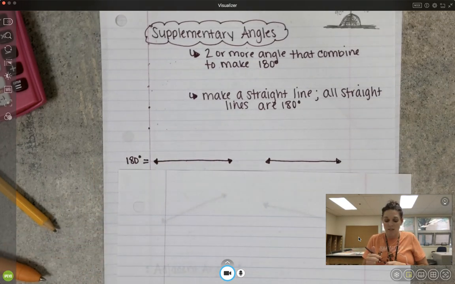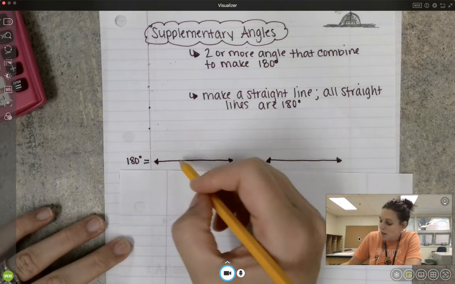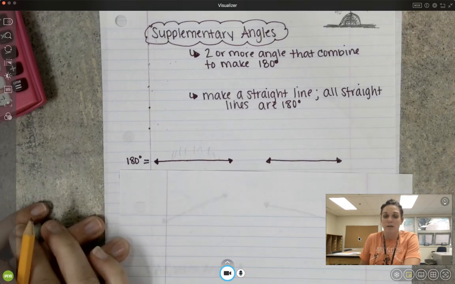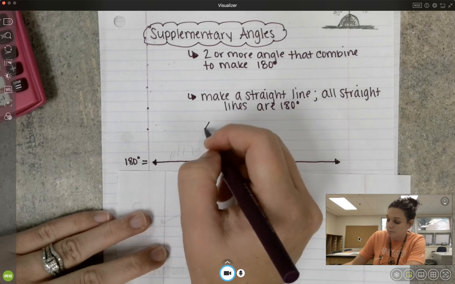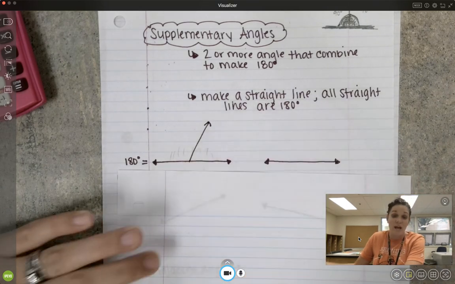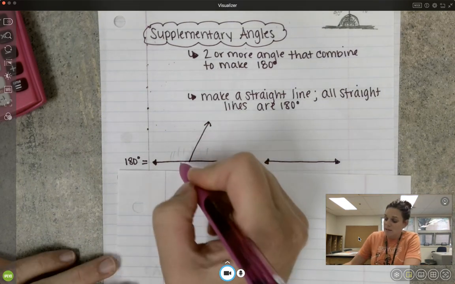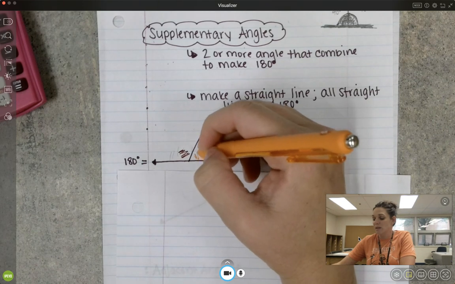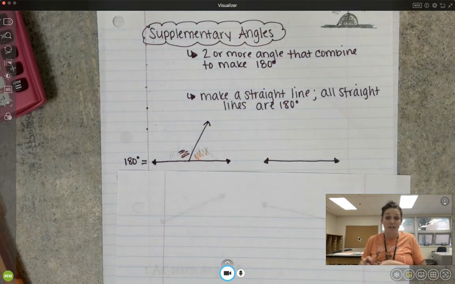Okay, it's talking about the space, and I thought I had my colored pencils, but they ran away. So this space is 180 degrees. Now, if I judo chop it, which I have the superpower to do, it's saying that this space here and this space here together have to make 180 degrees.